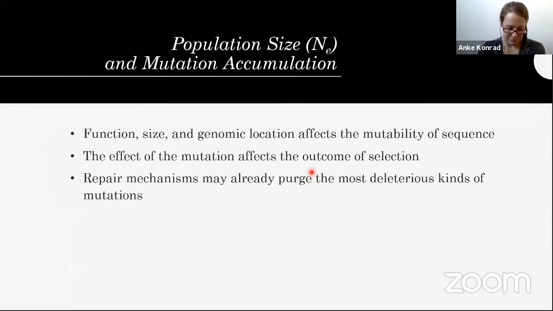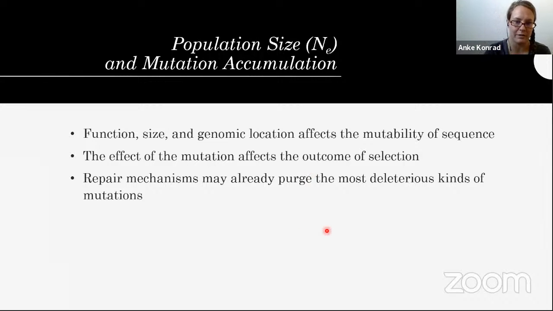So just to wrap up, the last three very quick points: function, size and genomic location matter in terms of how mutable a sequence is and how likely a mutation is to be retained. The effect of the mutation affects the outcome of the selection on it. That is fairly straightforward, but it's still nice to actually show it.